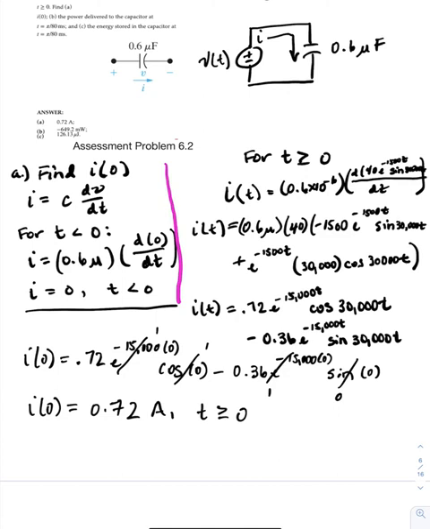But i of 0 minus does not equal i of 0 plus. So that's part A.